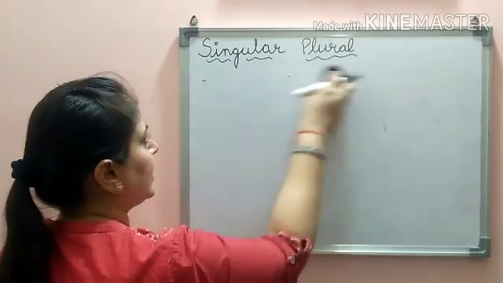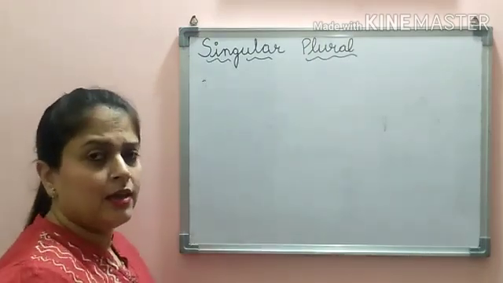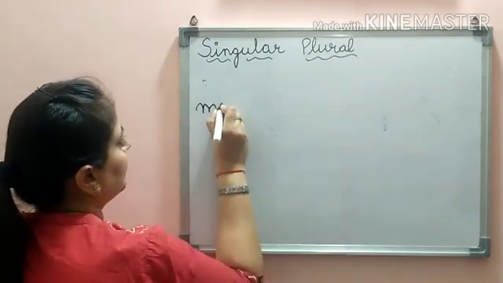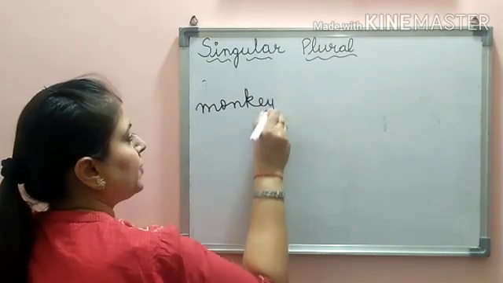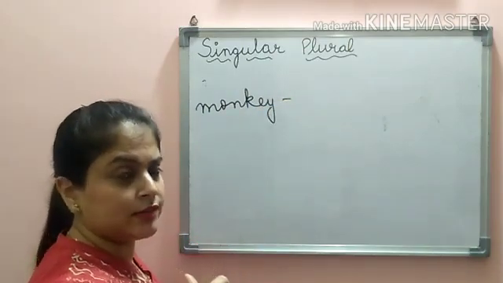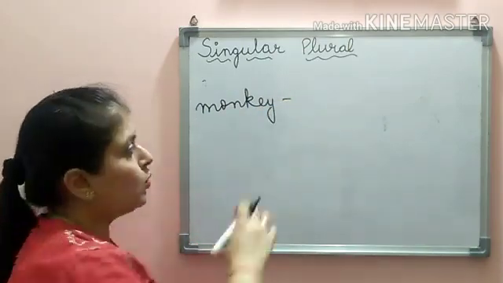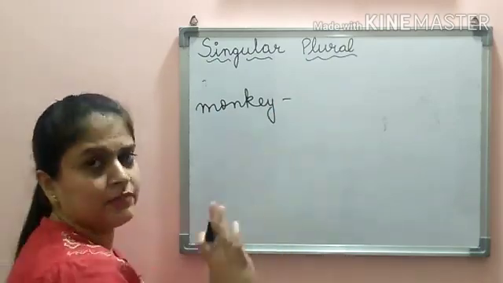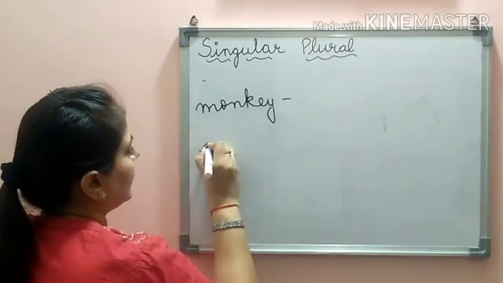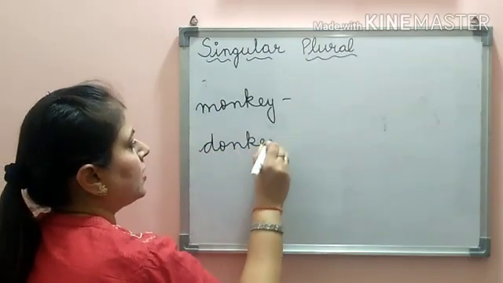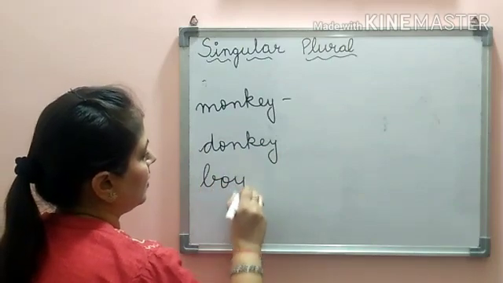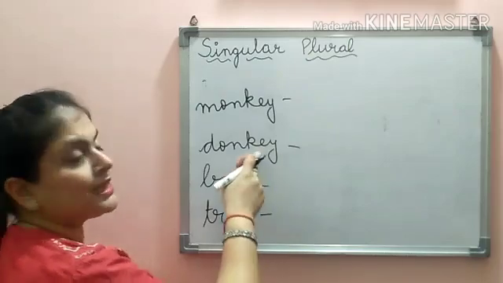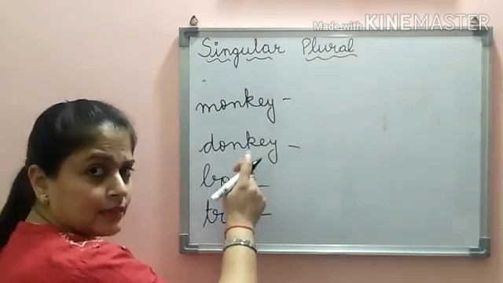Now there are a few words that end with y, but still we will only add s to them to make them plural. As in monkey, I told you in my previous video also, but still I am repeating this concept. I told you that we have to remove y and add ies, but here we will not do this. Monkey, donkey, boy, tray. Simply because before y there is a vowel.